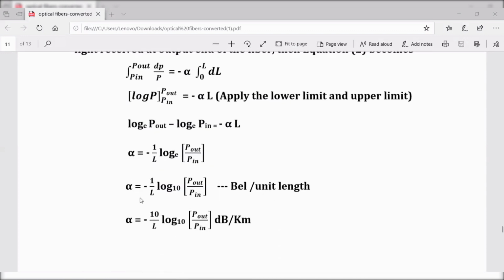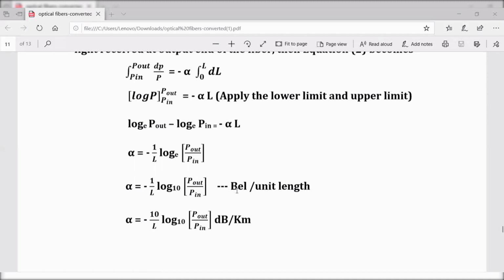Or else we can also write this equation as alpha is equal to minus 1 by L log base 10 P out by P in, with the unit Bel per unit length. Bel is the unit of intensity of light. Since attenuation coefficient is the loss in the intensity of light, its unit will be Bel. We also know 1 Bel is equal to 10 decibels.